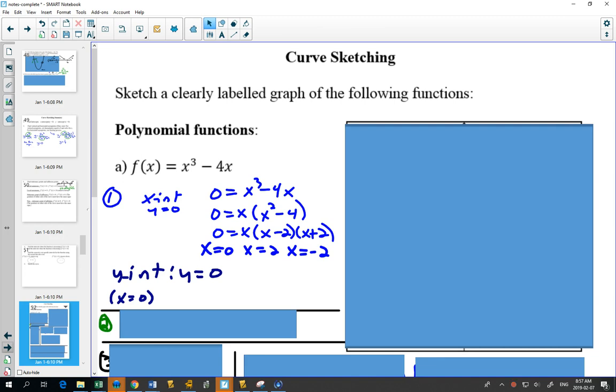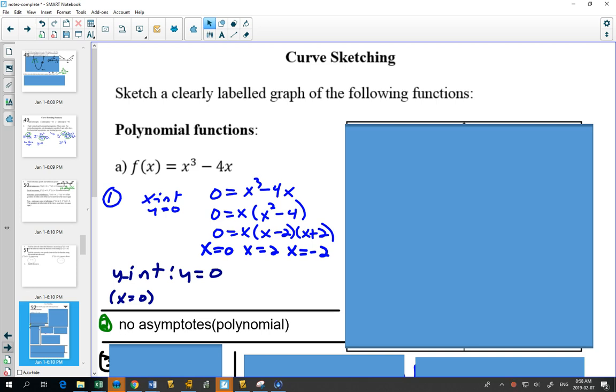Step 2, do we have any asymptotes? No. We have no horizontal asymptotes, no non-permissible values. Step 2, we technically just skip. Okay? But in your head, you're still checking it.